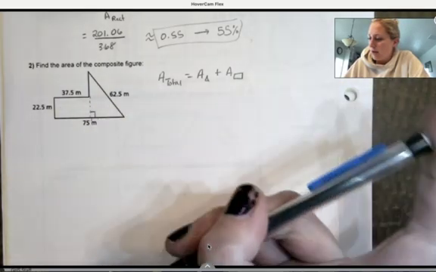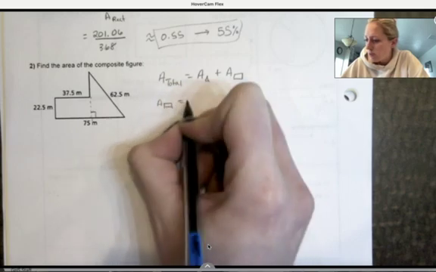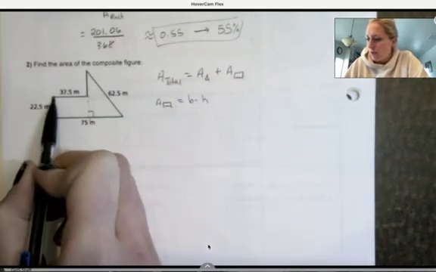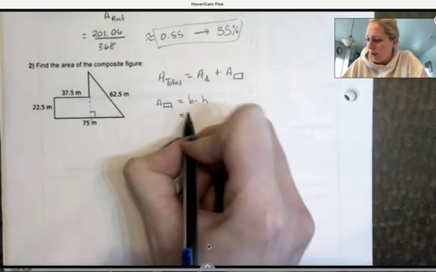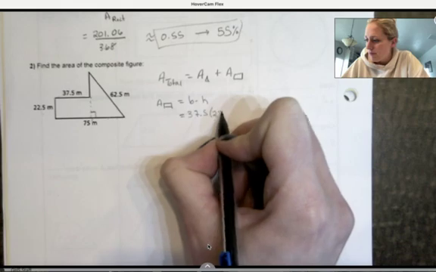So we know area of the rectangle is base times height. So the base here is 37.5 and the height is 22.5.